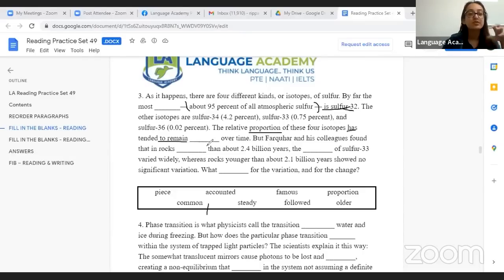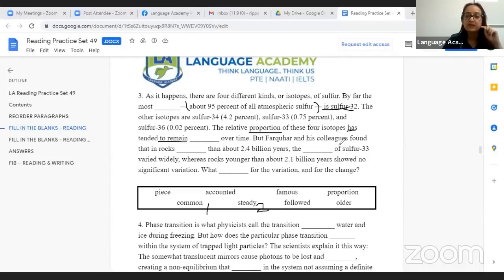Can you say a proportion can remain famous? Proportion is the composition. What is sulfur made of is the proportion. So the relative proportion of isotopes has to remain steady over time. How has it to remain? It has to remain the same. It has to remain steady over time.